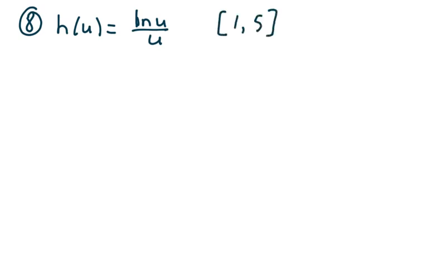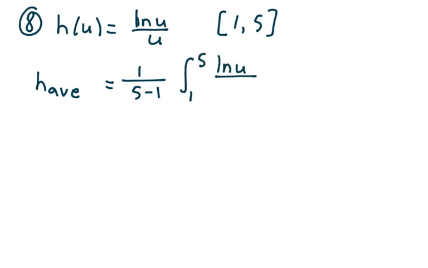If we take a look at problem 8, h of u is natural log of u divided by u. The interval is 1 to 5. Okay? Now, the average value of h is 1 over 5 minus 1, b minus a, times the integral from 1 to 5 of natural log of u divided by u du.